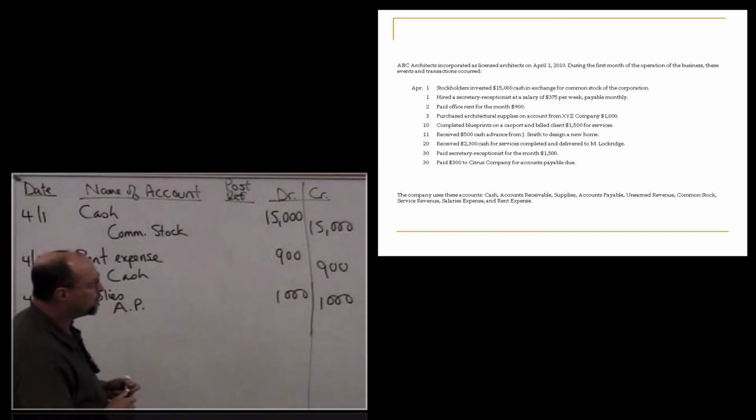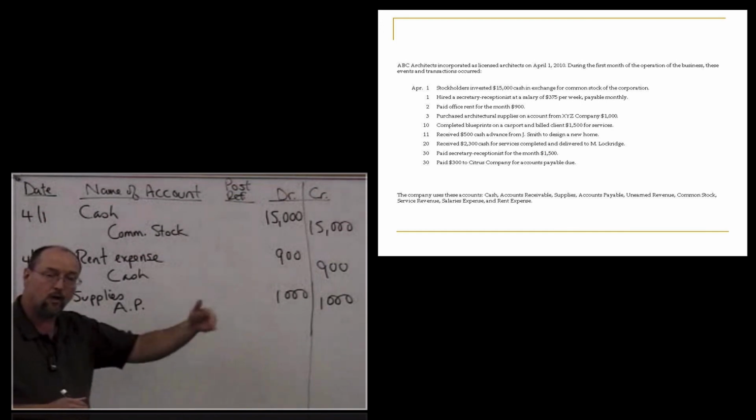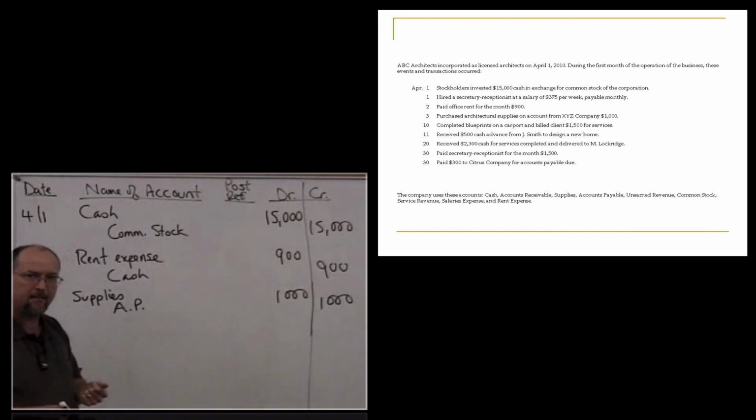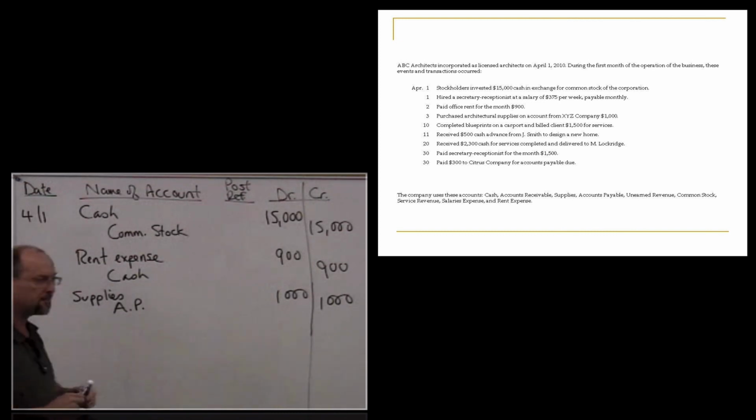we completed blueprints on a carport and billed the client $1,500 for services. Okay, another way we could have said this is that we completed blueprints and provided service on account to our clients. We billed them. They have not yet paid us. We provided service to them. Once we finish the job, we can then recognize the revenue, and since they haven't paid us yet, we're going to record an account receivable since our client owes us money.